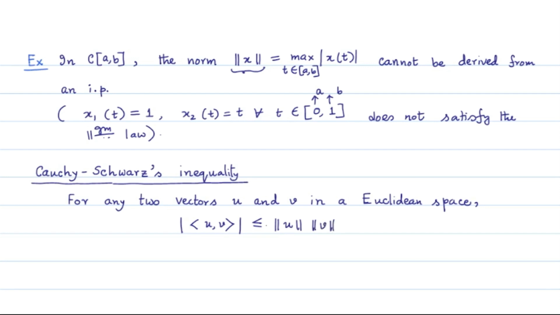The equality holds only when u and v are linearly dependent. This inequality was published by Augustin-Louis Cauchy in 1821, and the corresponding inequality for integrals was published by Bunyakovsky in 1859 and by Hermann Schwarz in 1888.